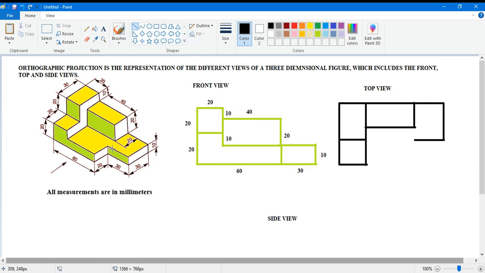This one going down. And finally this line that is right here. So this is my top view.